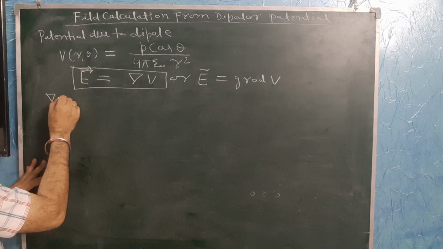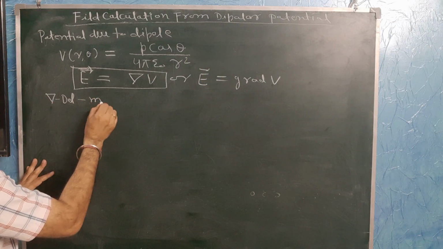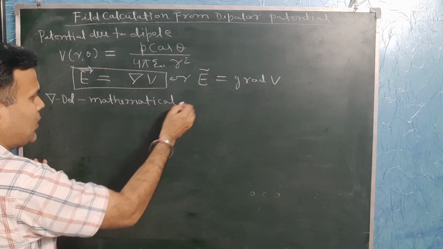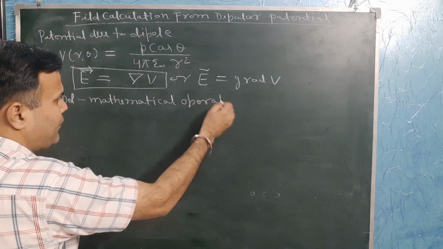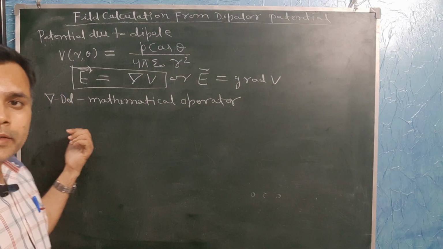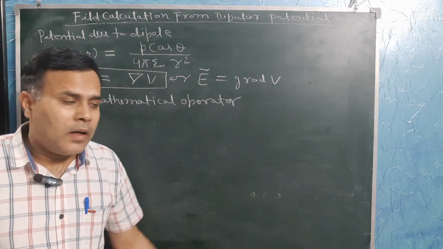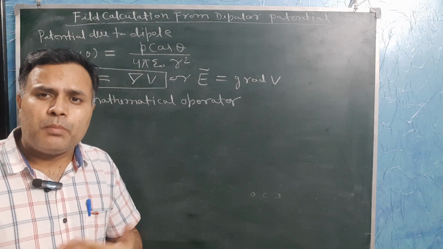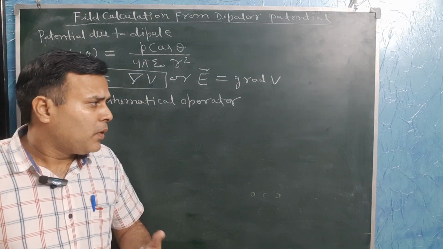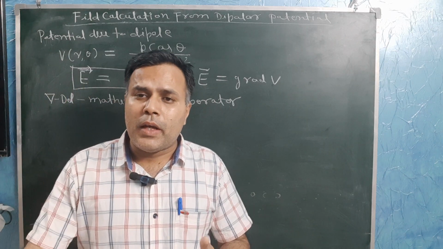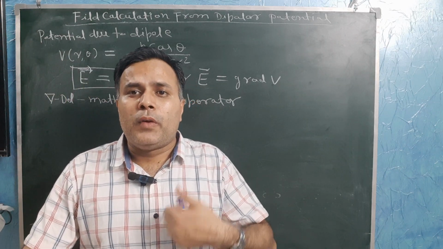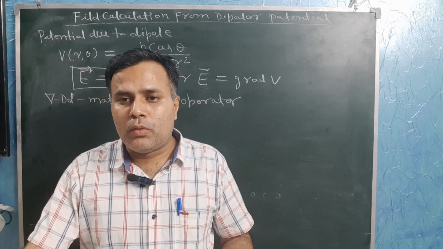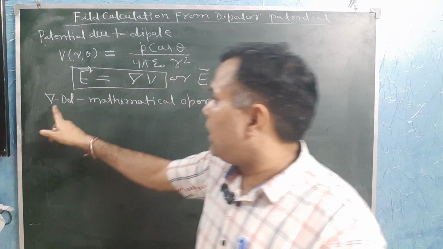This del is a mathematical operator, and as I have already told you in an earlier lecture, it has different profiles. If we are in a Cartesian coordinate system, we have a different profile of del. If we are in a cylindrical coordinate system, we have a different profile of del. If we are in a spherical polar coordinate system, we have a different profile of del.